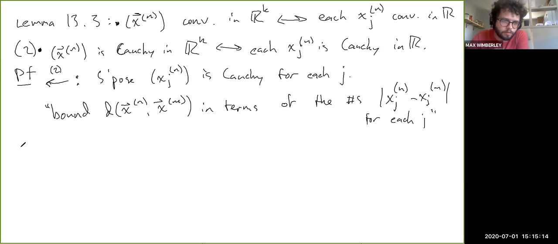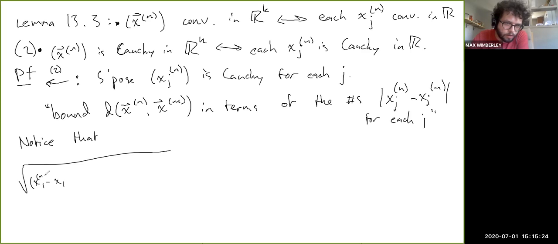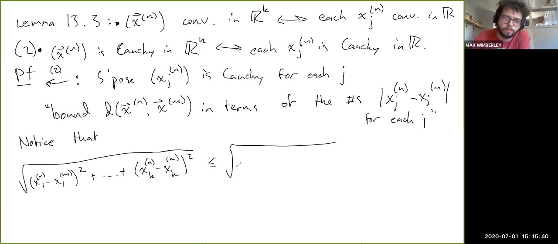We see that we have x1 minus x1 n m squared plus up to xk minus xk n m squared, and this is less than or equal to the square root of, now we use the maximum of these xj n minus xj m squared.